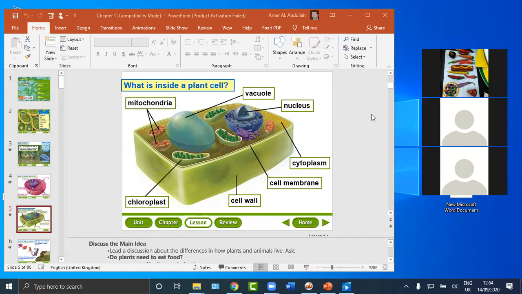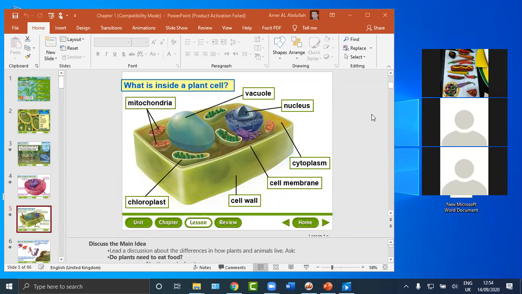Sunlight, excellent. Sunlight and water help plants get energy and make their own food.